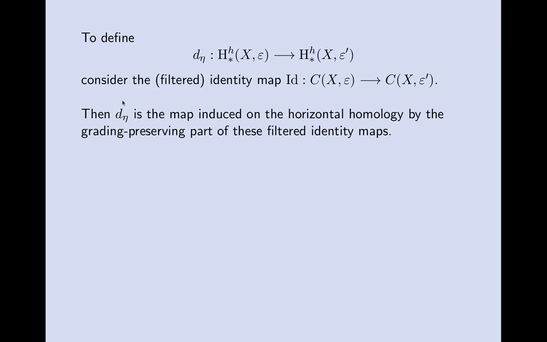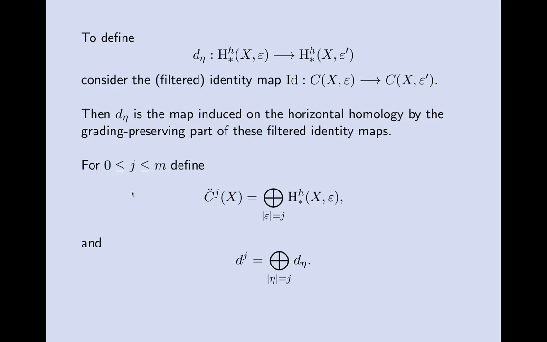Then this map eta associated to the edge eta is just the map induced on the horizontal homology by the grading preserving part of the identity map, seen as a filtered map.